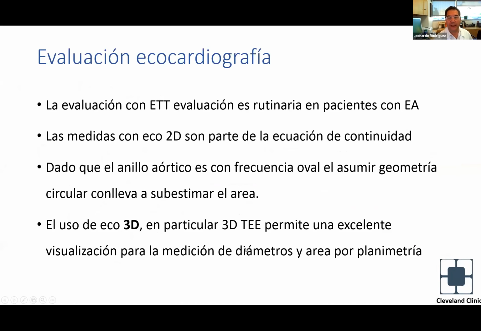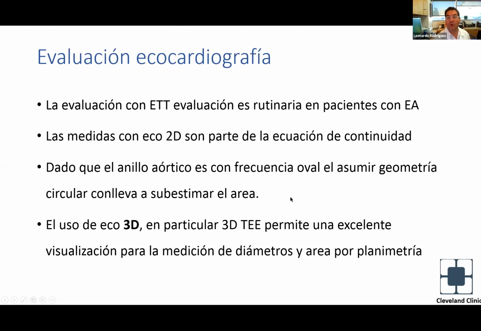No quiero entrar en mucho detalle porque ustedes todos son expertos en esta área, pero la evaluación ecográfica tiene que ser muy completa. Tienen que recoger todos los datos necesarios para el cálculo preciso de la ecuación de continuidad. Deben ustedes medir el anillo aórtico.